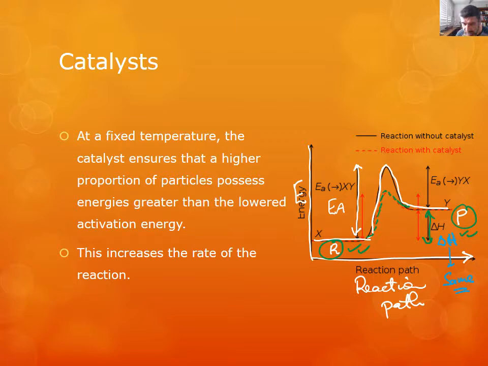It doesn't change. What does change is this, the value of the energy of activation. So the effect of a catalyst is to lower the energy of activation, and this is going to significantly increase the rate of reaction.